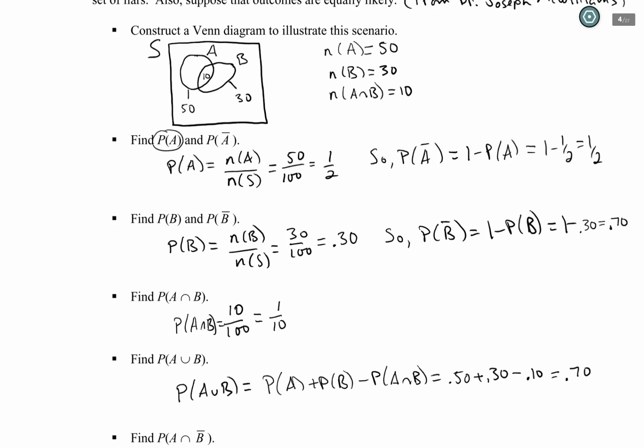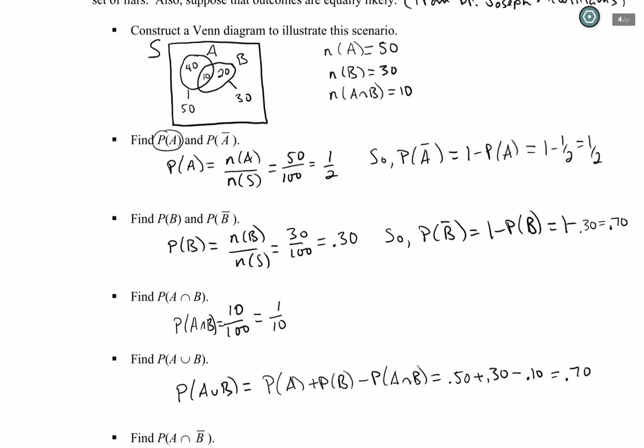Let's just make sure that's the case. If 50 are in A and 10 are in A and B, or A intersect B, then there's 40 that are in A but not in B. In a similar way, if 30 are in B and 10 are in A intersect B, then there should be 20 in B but not A.